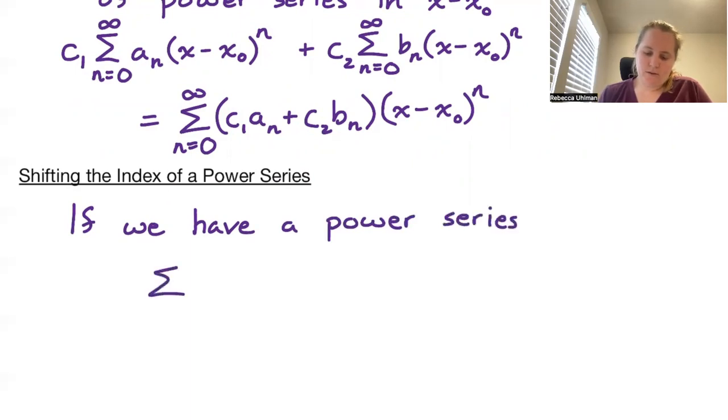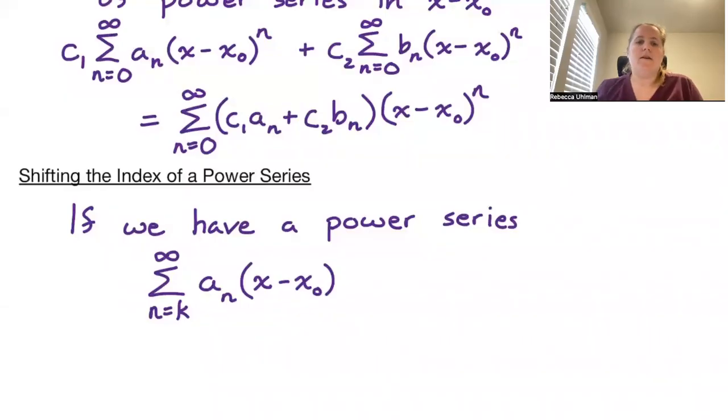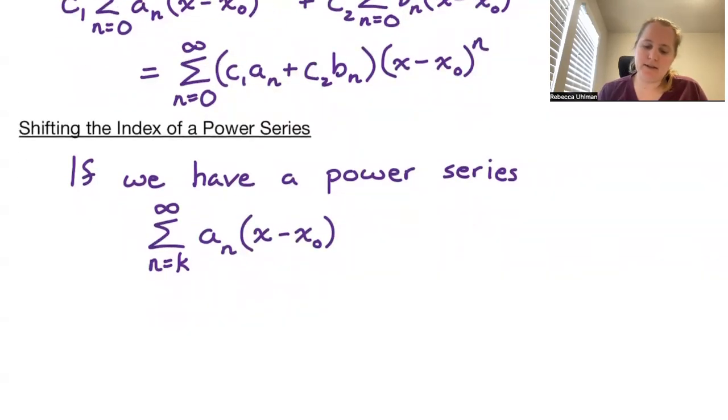So if we have a power series that starts at, say, n equals k going to infinity of a sub n times (x minus x naught) to, let's go with n minus k, we can essentially do a shift and switch to a new variable.